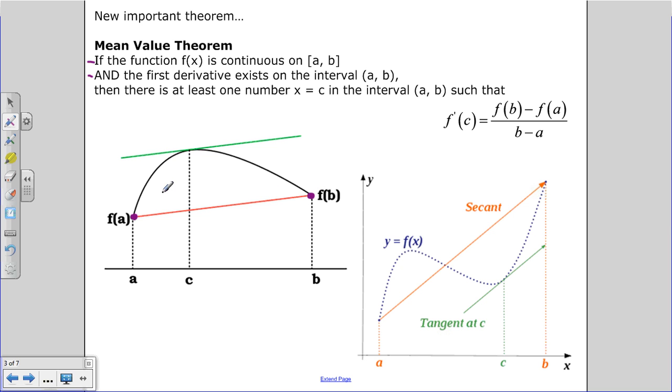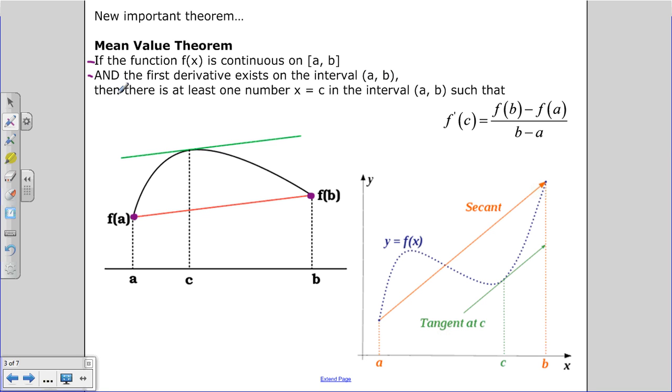Okay, it's continuous on the closed interval, right? Because we define continuity at endpoints, that the function is exactly what the limit is from the right for a left endpoint. Here, the function is exactly what the limit is from the left. So therefore, it's continuous at a and b, but the derivative doesn't exist at a and b. So since we don't care about that, then we just leave out the a and b.